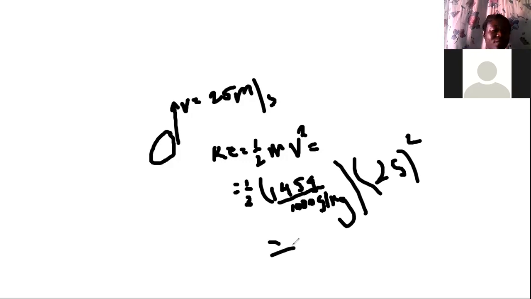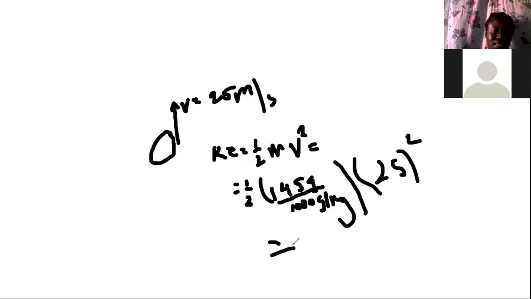So we have 145, divide it by 1000 to convert it to kilogram, multiply that with 25 squared, then divide this by 2.